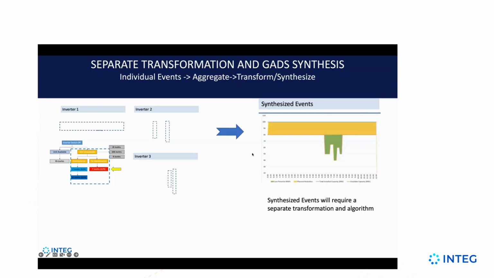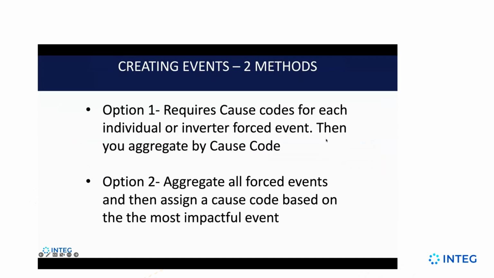Now, when you do all of this, the yellow is the planned or maintenance. You don't care about that. Once you get 20 megawatts below the total, that's when everything starts.